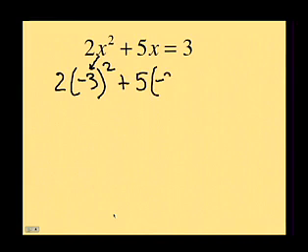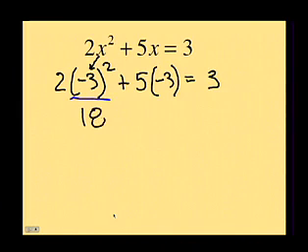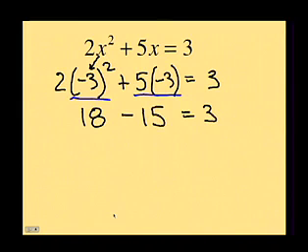So what we have then is 2 times -3 squared plus 5 times -3 equals 3. Now, -3 squared means -3 times -3, which of course would be 9, and 2 times 9 is 18. 5 times -3 would give us -15. And of course, 18 minus 15 is 3, and 3 is equal to 3.